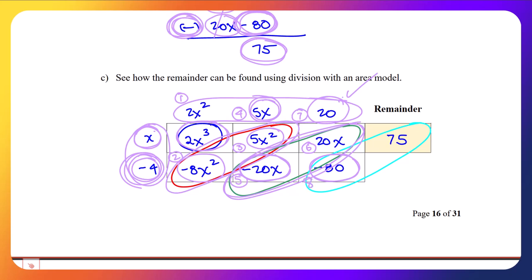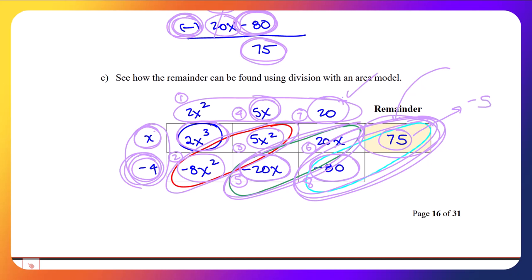And before, we were done, that would be the last term, but because that's not 0, we go one more step. And the last term is supposed to be negative 5, isn't it? So this has to be 75. And the number that makes this a negative 5 is the remainder.